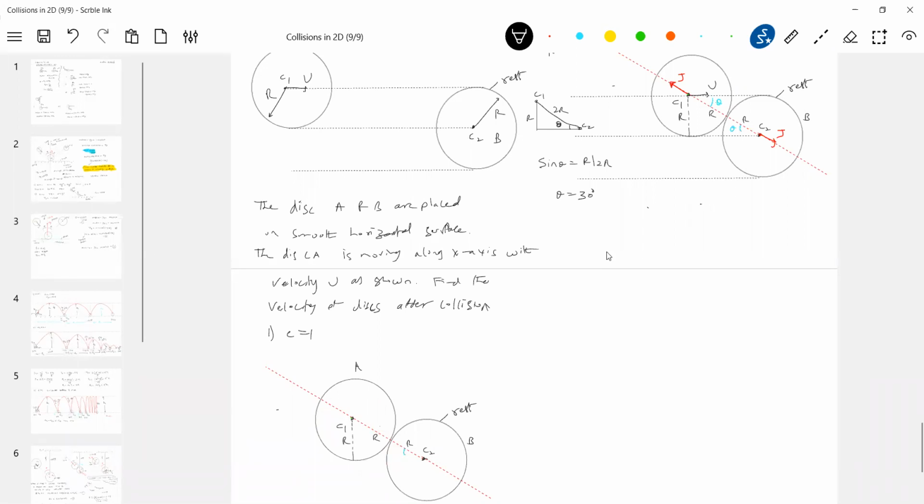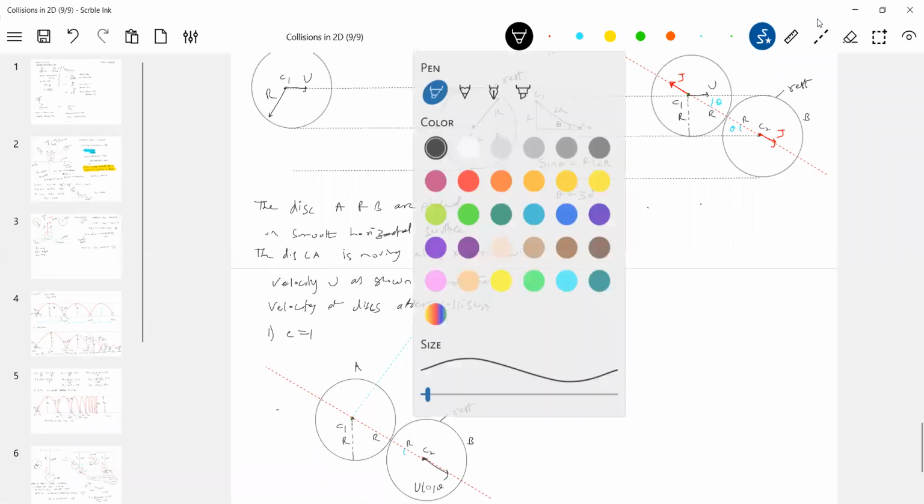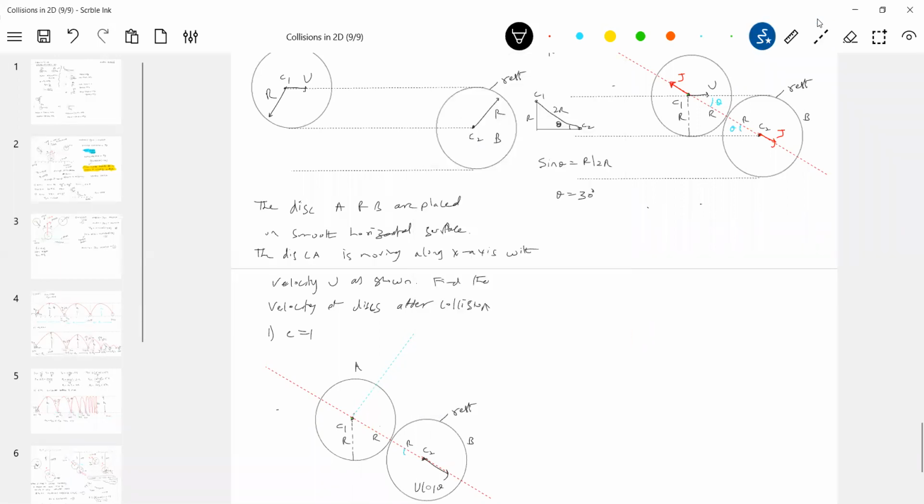After collision, this will move with a velocity u cos theta, and this will move with a velocity u sin theta. And how do they move?